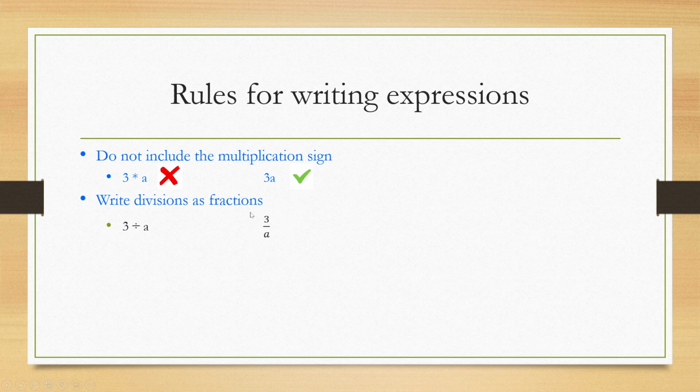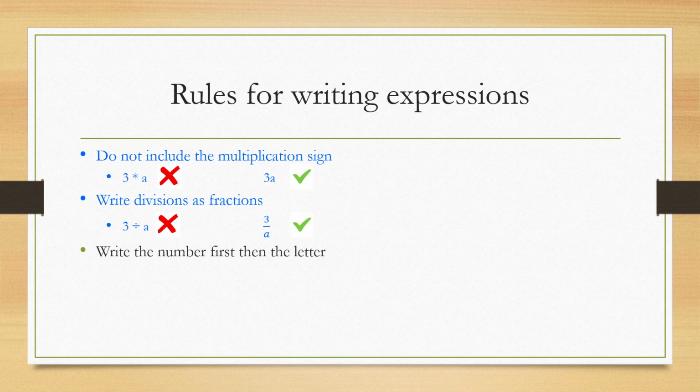So always write it as a fraction. Fractions we will cover in more detail in a later video. But here, you need to write that as a fraction. That's wrong, this is correct.